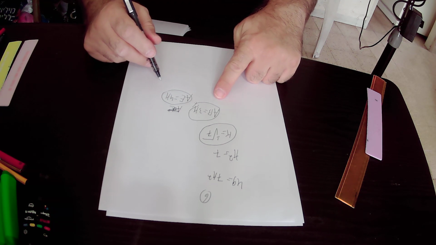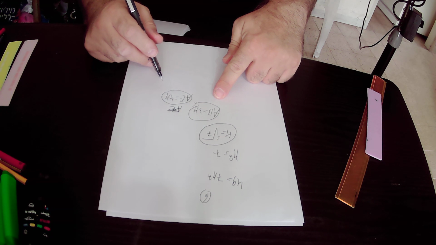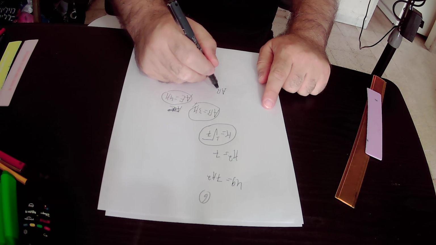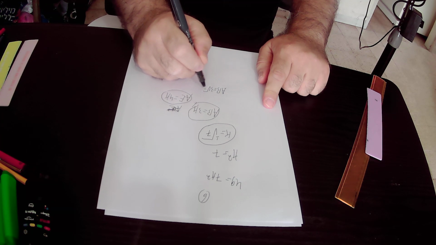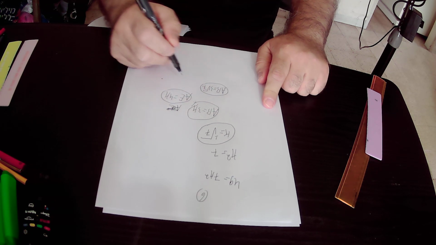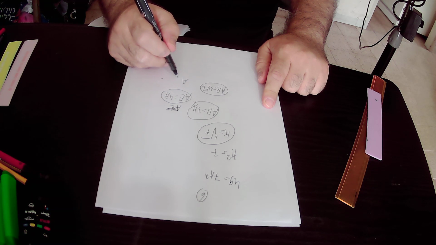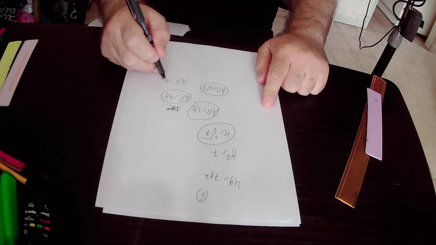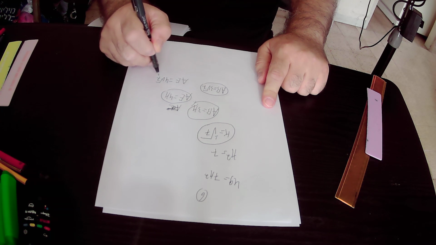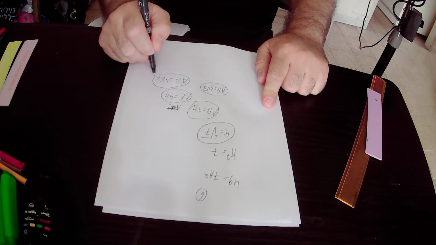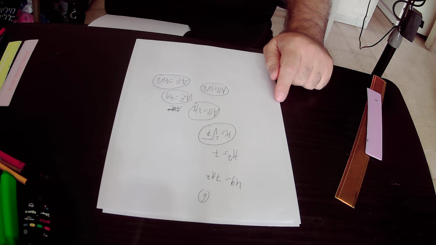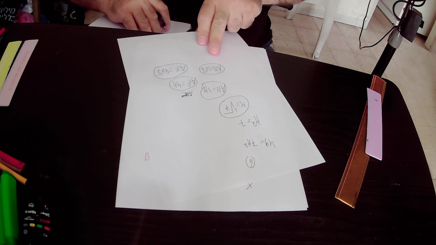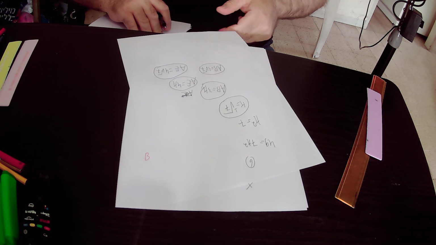So here AB, which equals 3k, actually equals 3 times root 7. And AE, which equals 4k, equals 4 times root 7. So we found out the values of AB and AE.